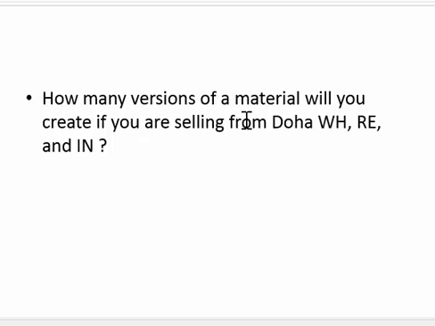So if we have a material that you are selling in Doha and you have a warehouse distribution, a wholesale distribution channel, a retail distribution channel, and an internet distribution channel, how many versions will you create for the material?